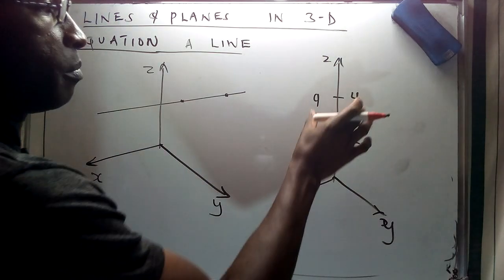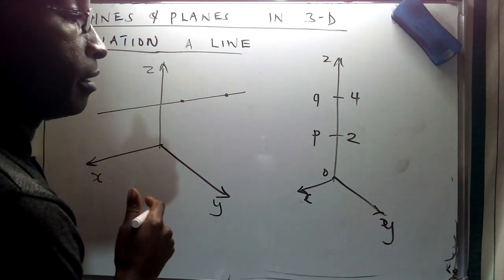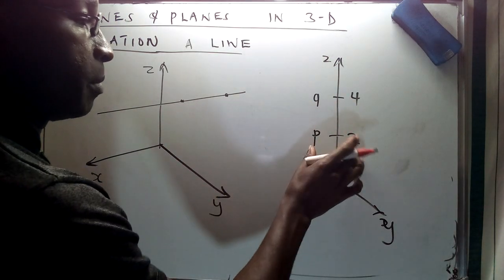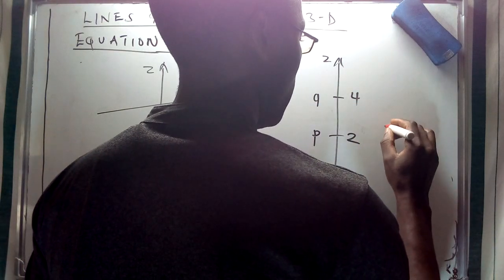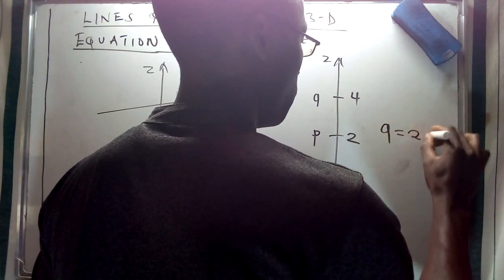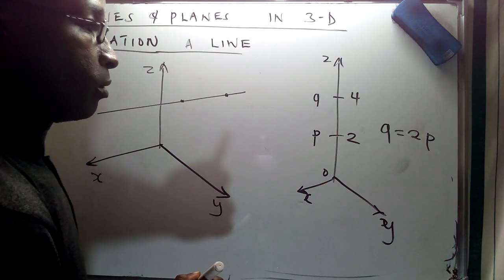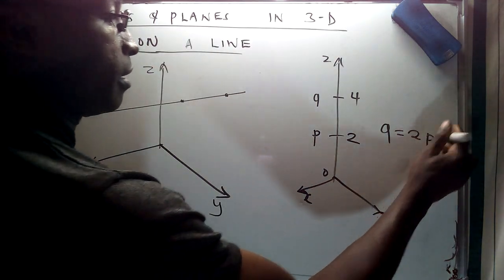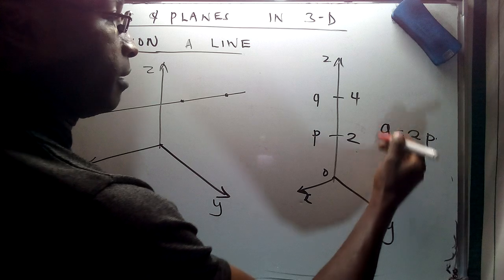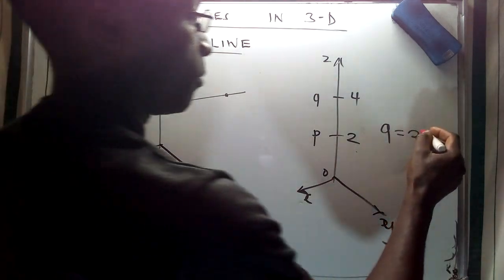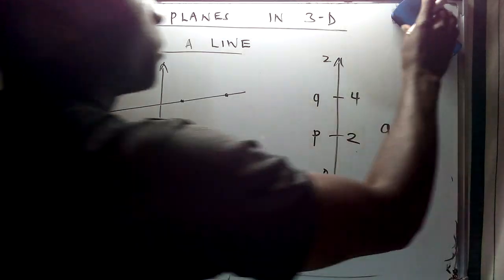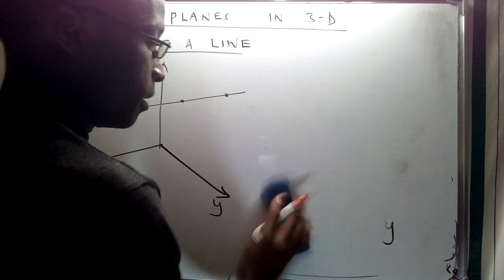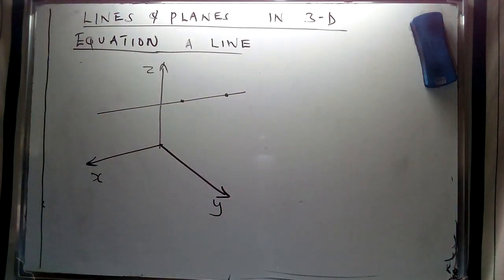I can describe point Q in terms of P by saying Q is equivalent to 2P, and that is true because if I substitute 2 for P here, this is equivalent to 4. So the coefficient of 2 gives a relationship between Q and P, and I'm going to use that concept in trying to find the equation of a line.